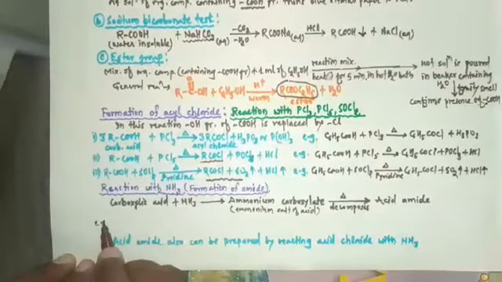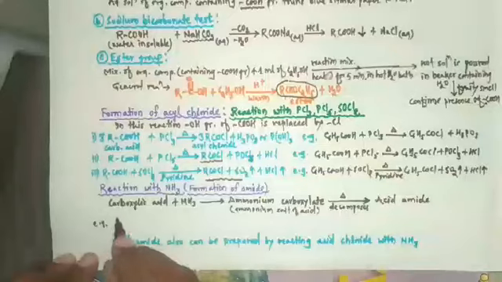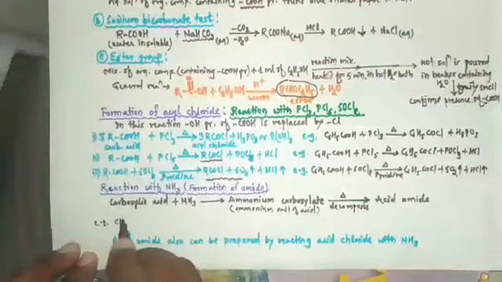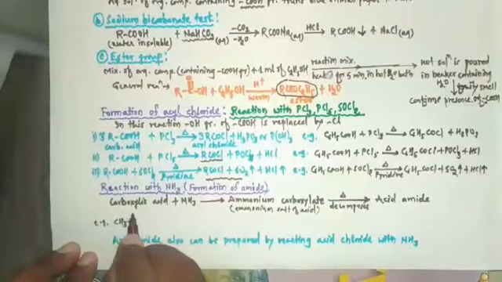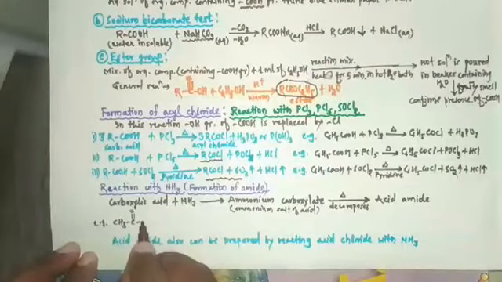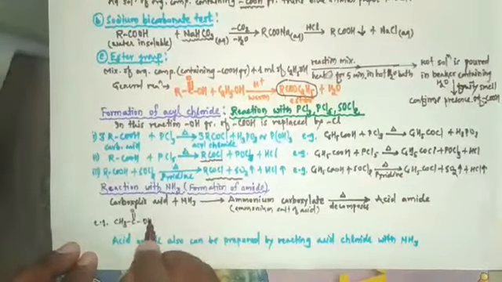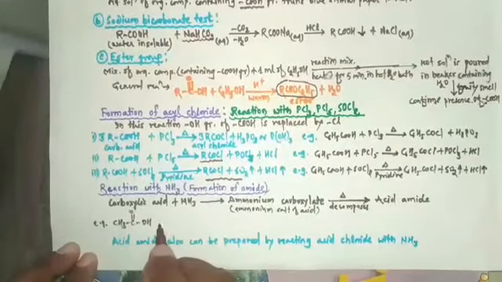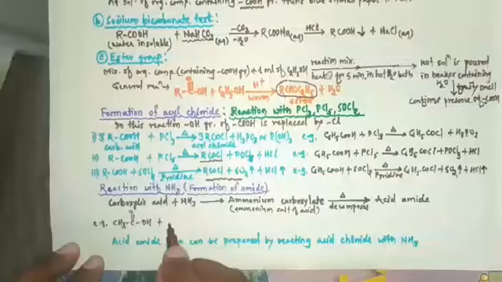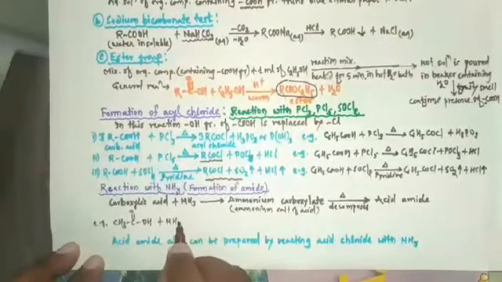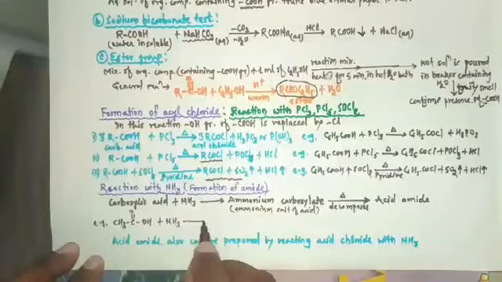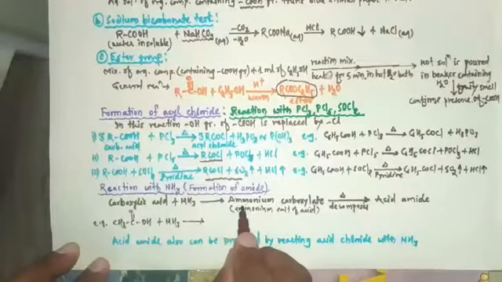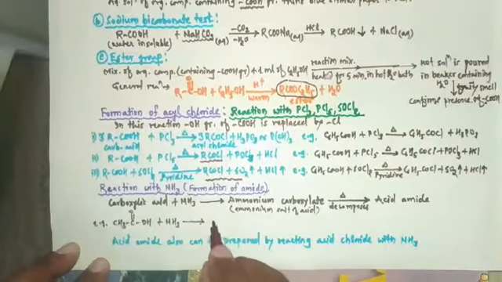For example, acetic acid, that is an example of carboxylic acid. When acetic acid is reacted with ammonia, formation of ammonium carboxylate takes place.